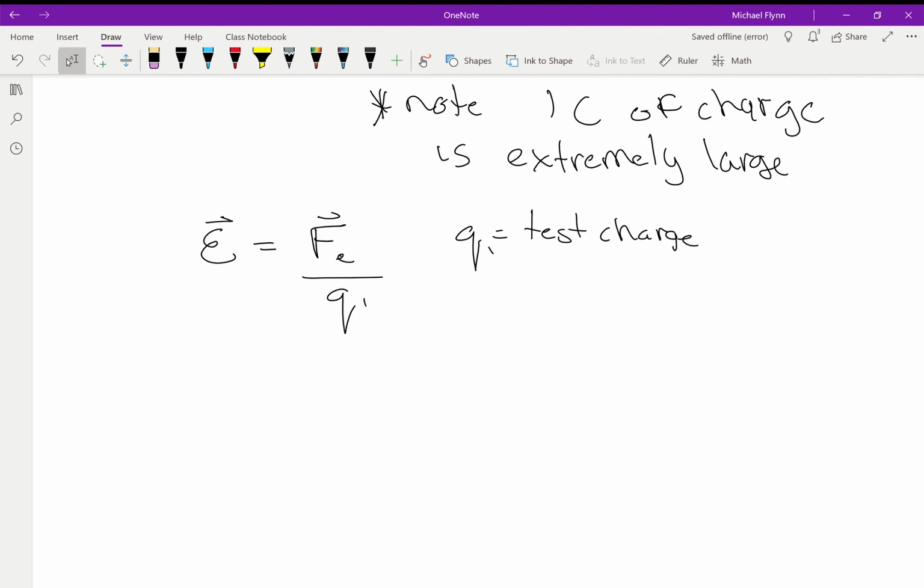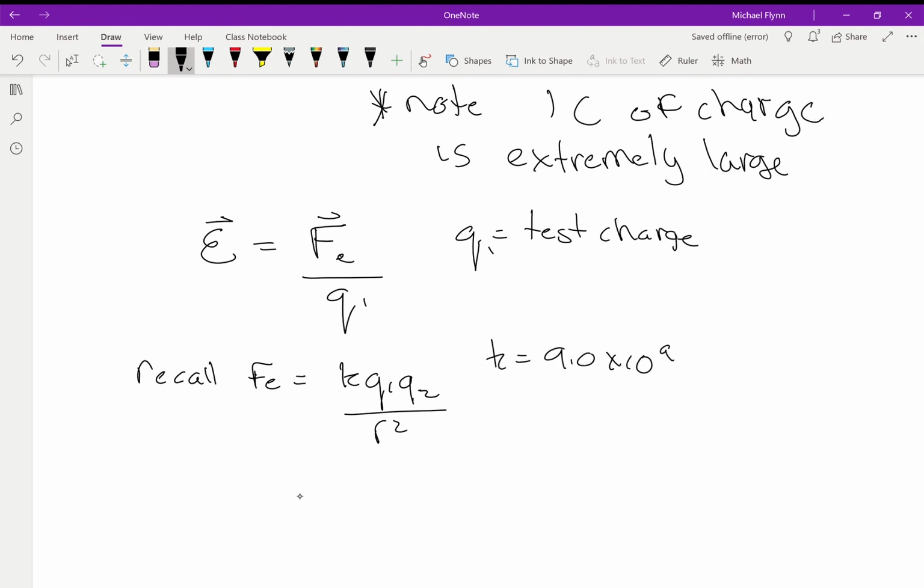Now I'm going to redo this a little bit. Recall that the electric force between two charges is K Q1 Q2 divided by R squared, where K, by the way, is 9.0 times 10 to the 9 newtons times meters squared per coulomb squared.